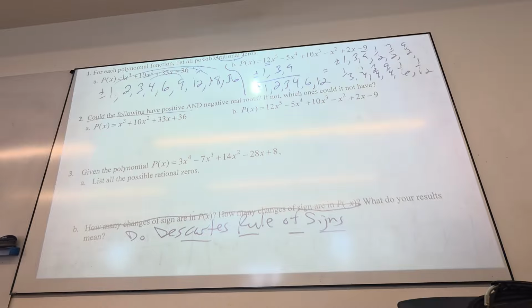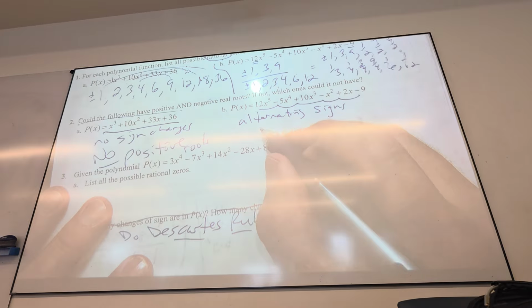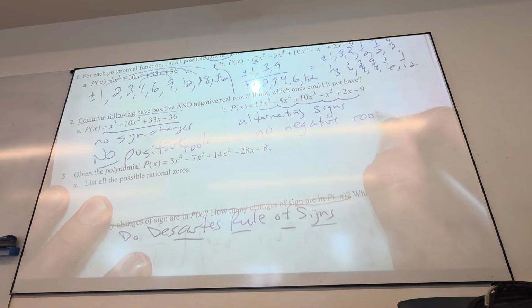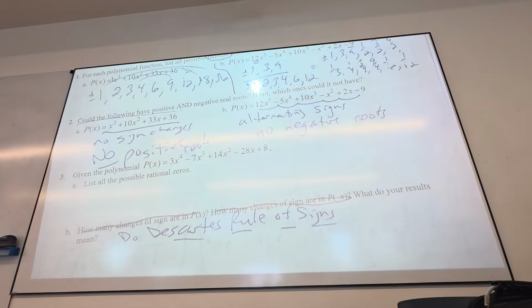They're alternating. So what does that mean? What's it mean when I have nothing but changing signs? I have no negative roots. Okay.